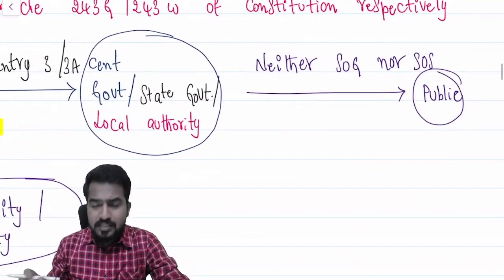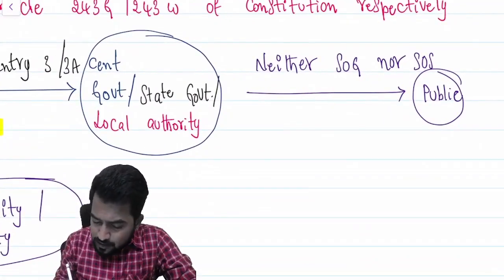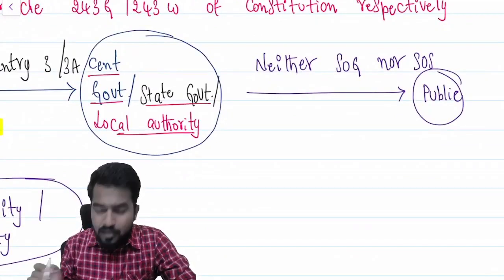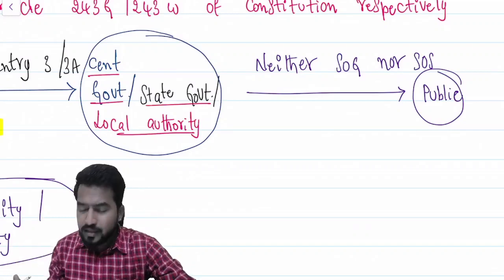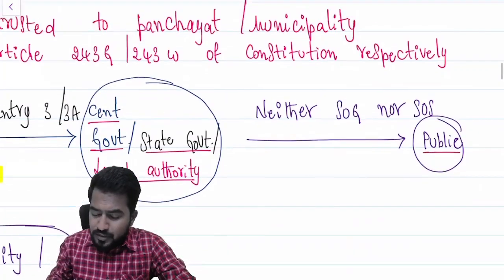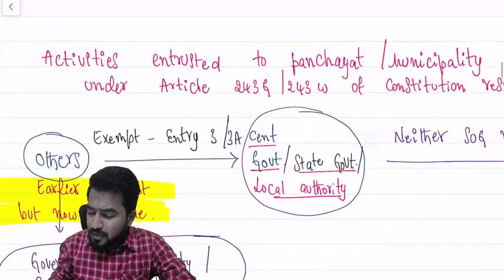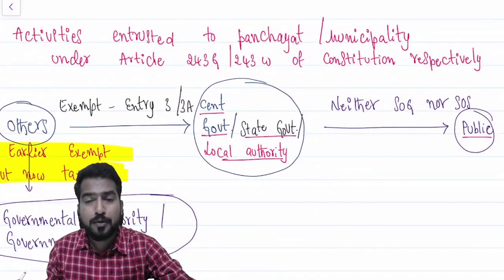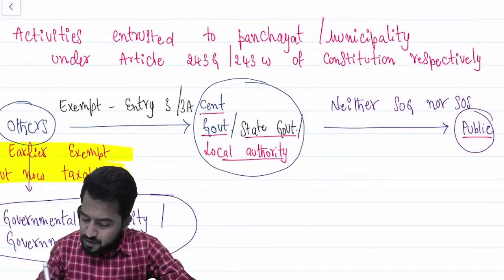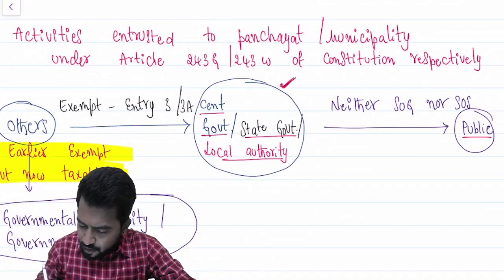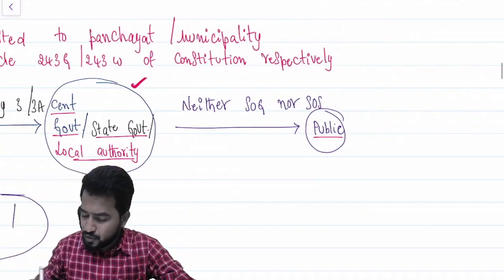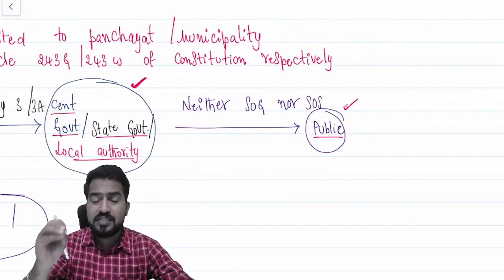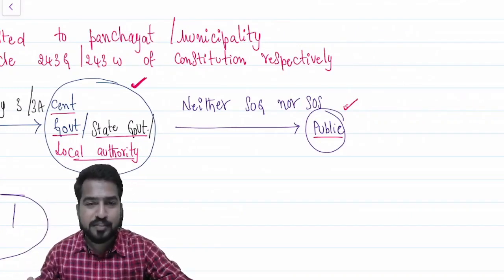Already there is a notification saying that central government or state government or local authority providing the activities which are entrusted to panchayat or municipality under Article 243G or W of the Constitution respectively. So central government or state government or local authority providing such activities to the public are treated as neither SOG nor SOS, that is, neither supply of good nor supply of service.